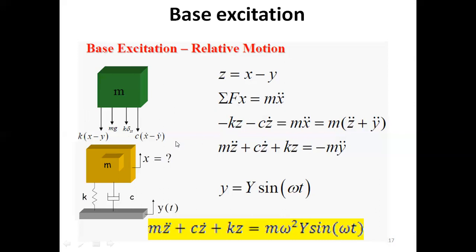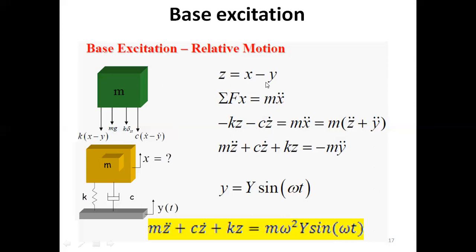Here we have a spring force which is opposite to the displacement, so minus k z, minus the damping force c z dot, because z is equal to x minus y, so z dot would be equal to x dot minus y dot. So we would have minus c z dot, and it must be equal to m x double dot.